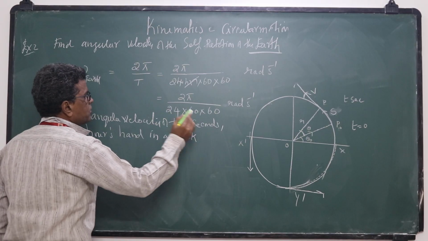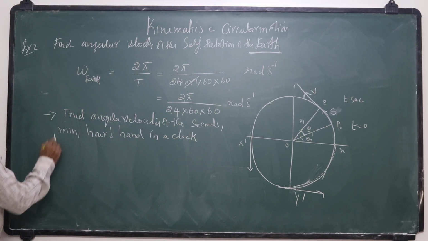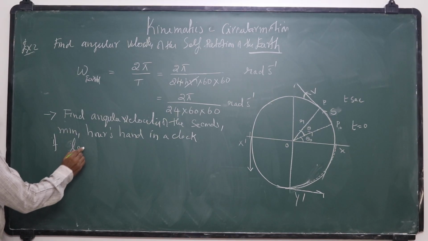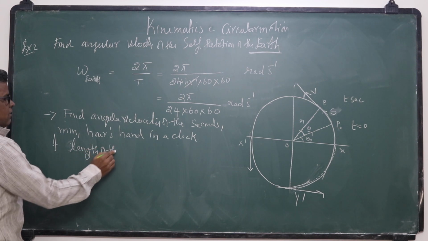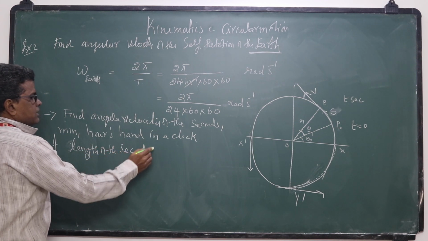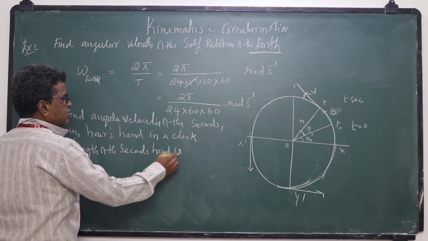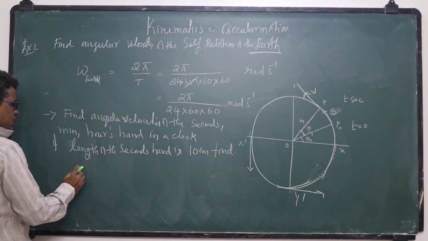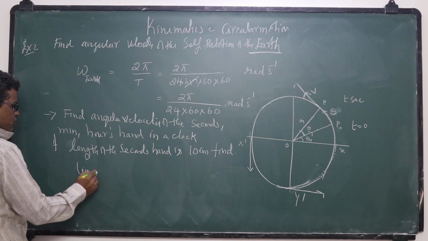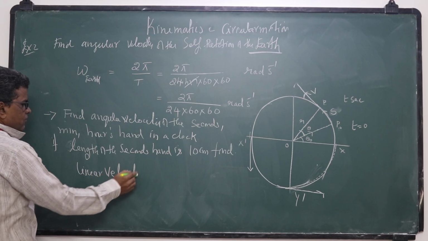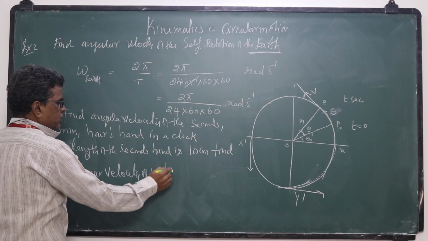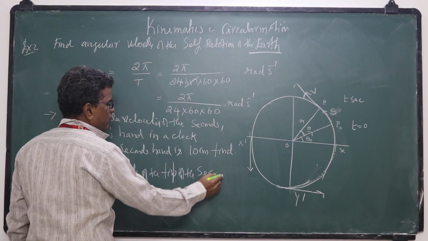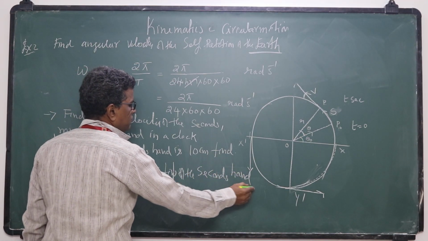If the length of the seconds hand is 10 centimeters, find the linear velocity of the tip of the seconds hand. So this is the problem.